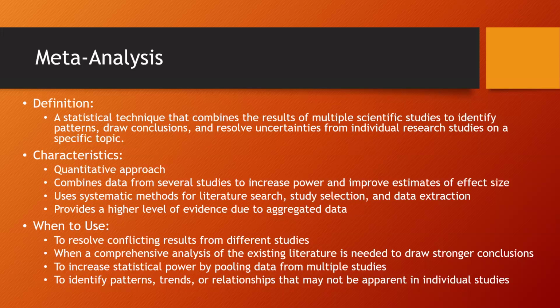Can a systematic review be used for a study about the various proposed modes of action of a drug? Yes, you can use a systematic review for that, but you can also use a realist review.